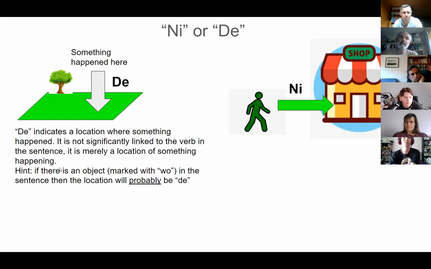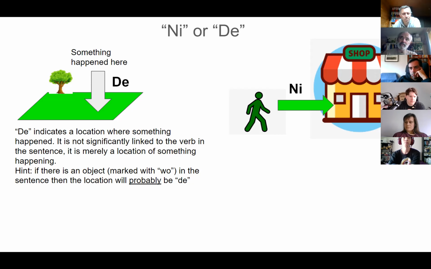So a hint is if there is an object marked with o in the sentence, then the location is probably going to be marked with de in normal situations. There are some exceptions, but in normal situations, we will mark the location with de.